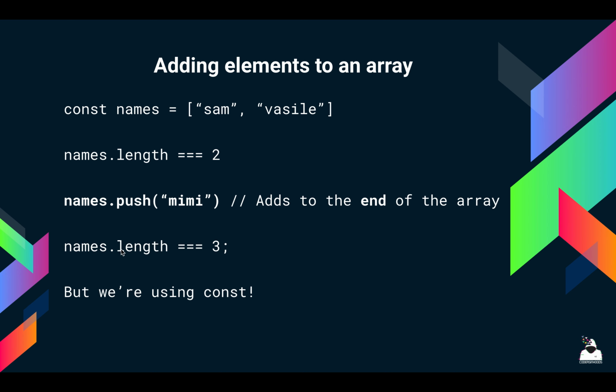If we use names square brackets 2, that is the 3rd element in the array, or the element at index 2, sorry. That will give us back Mimi, which we've just added to the end of the array. So it starts off with 2, we add something in, it now has 3.